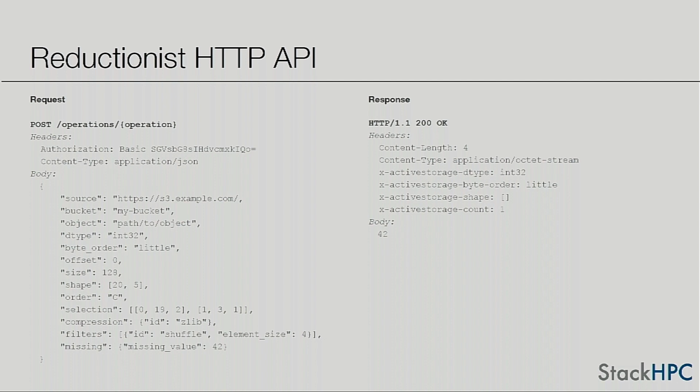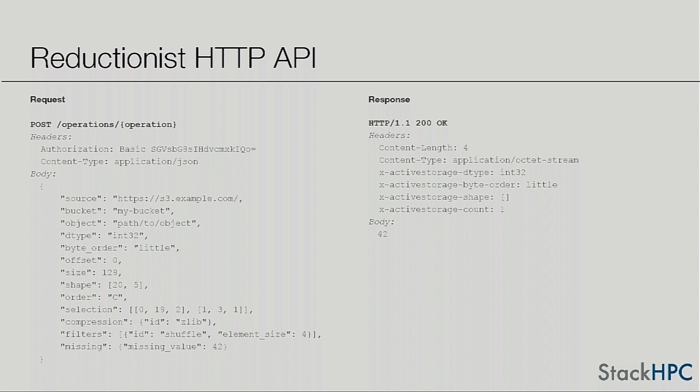And the payload is a JSON blob that tells you which object in which object store, the data type of the object, the byte order of the object, where in the object your storage chunk is, the offset and the size, the shape or the dimensions of the array, whether it's stored in C or Fortran order, the selection or slice of the array that you're interested in, whether it's compressed, filtered, or whether there's any missing data.